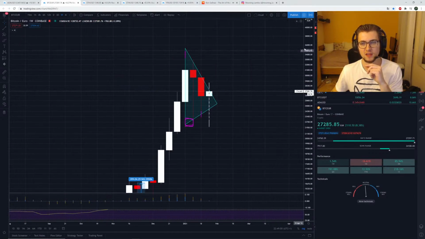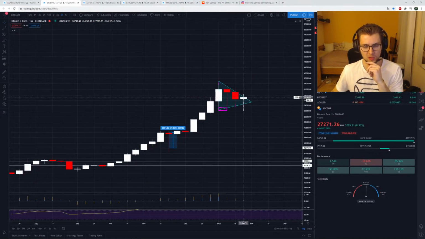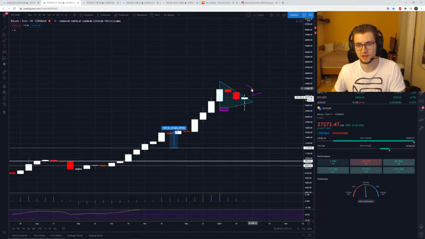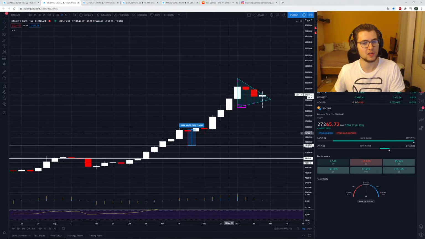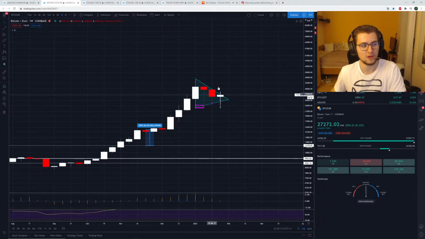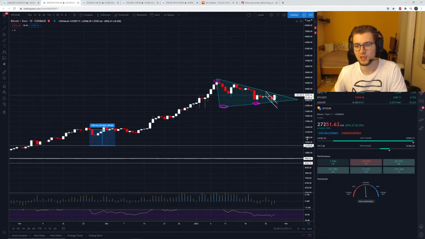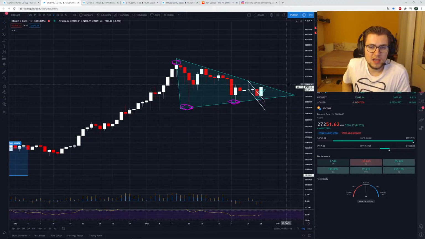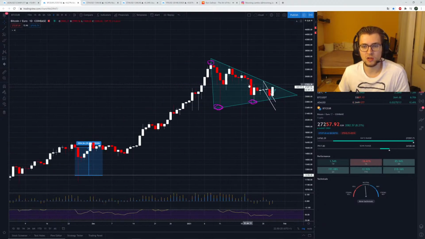Weekly chart, this is a green candle or a white candle once again right here. So we have again a green candle right here. I like it very much. Looks bullish. I mean, I won't call yet for the consolidation and the correction being over, but it kind of looks like Bitcoin has found its low, especially, as I said, if we break out of this wedge and above.